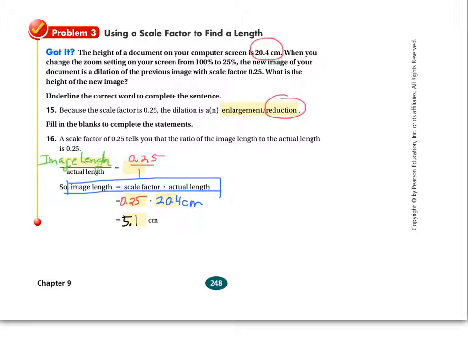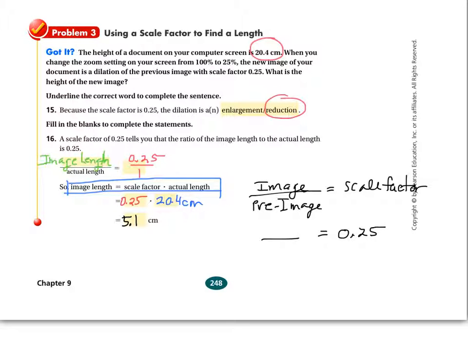Now how could you check that? How could you check it? Take your image and put it over your pre-image, because remember, your image over your pre-image should equal your scale factor, right? So there's our scale factor.